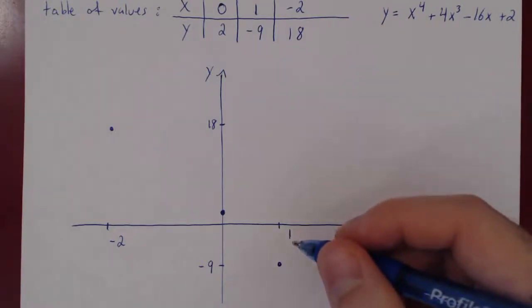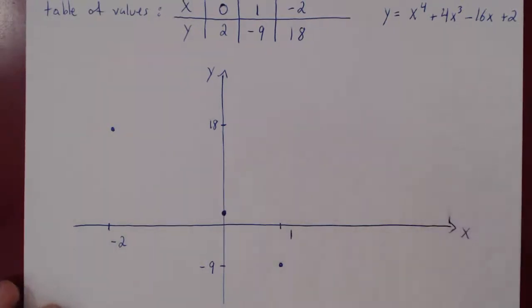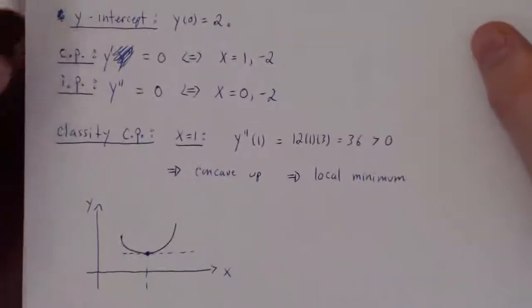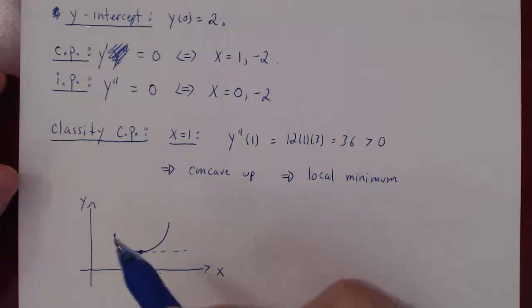Well, as always, we handle first locally the graph around the critical points. Let's handle x equals 1. If you go back to our classification, we know exactly what the graph looks like around x equals 1. We found that x equals 1 was a local minimum. So around x equals 1, the graph will look something like this.